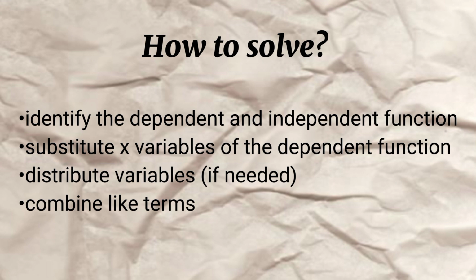So after we substitute and distribute, we will proceed to the next step, which is combining like terms, which should go in a sequence of letter variables first, numbers with variables next, and lastly, just numbers. And simply by combining, we have found our composition.